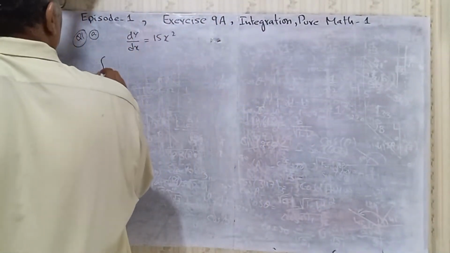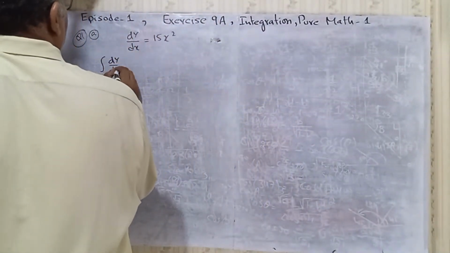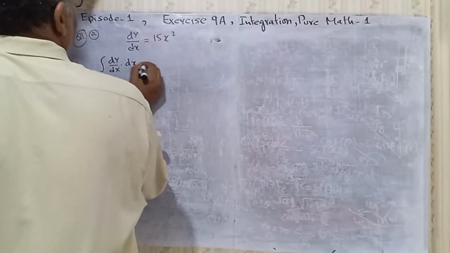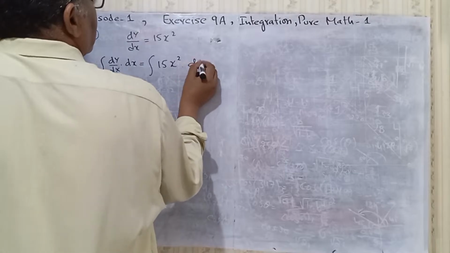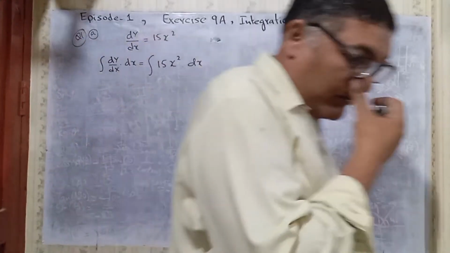Integrate dy by dx dx is equal to integrating 15x squared dx, with respect to x.